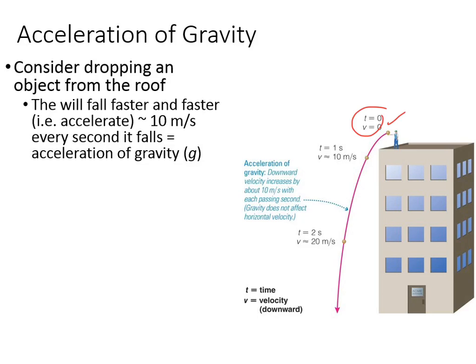Velocity is 0 at time 0. In 1 second, it is falling 10 meters per second. Another second lapses, and now it's falling 10 plus 10, or 20 meters per second. If the building were taller and it fell another second, the velocity would be approximately 20 plus 10, or 30 meters per second. That's how this works. It goes faster and faster.